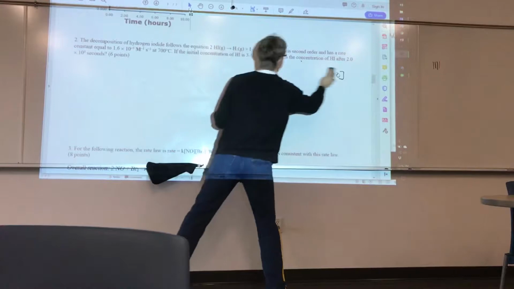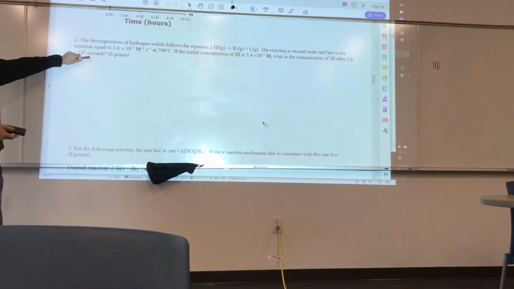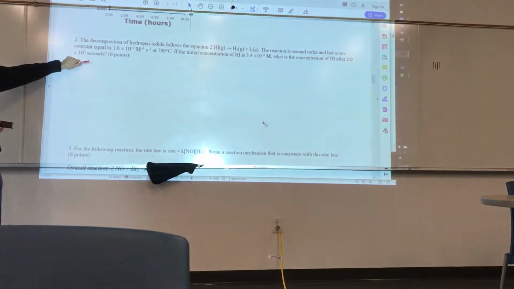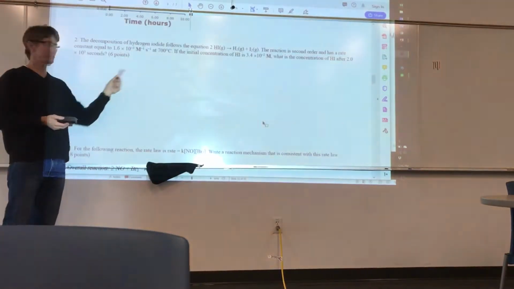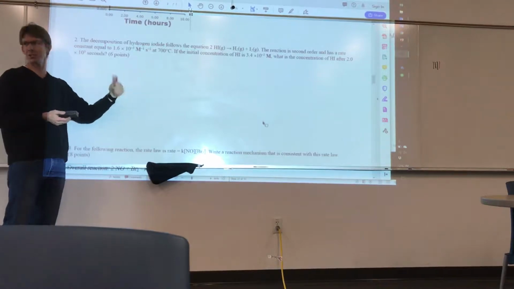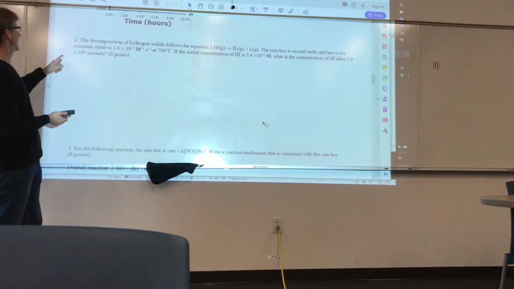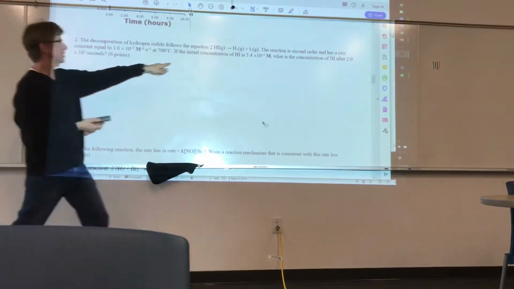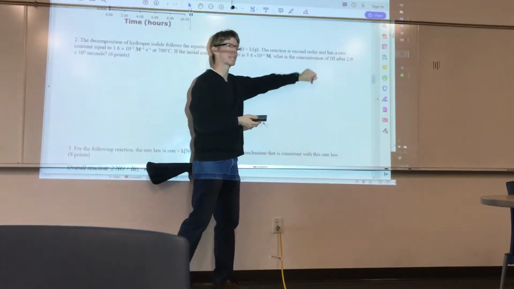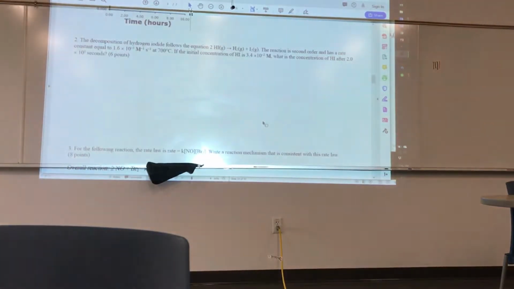Anytime, or almost any time, I'm asking you for a concentration at some time, or a time at which there is some concentration, it's going to be the integrated rate law. So use that. The reaction is second order, so you're using the second order integrated rate law. Now we can go on to number 9.